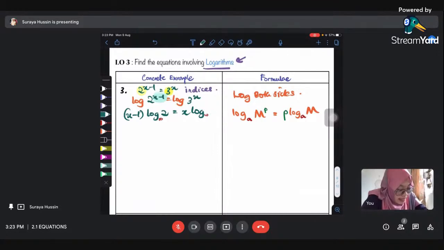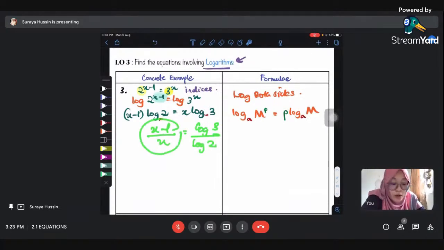Tapi kamu kena hati-hati, jangan nak cepat selesaikan, nak jadikan ni sebagai subject and then you bring it here. It doesn't work, because you do not know how to solve this. You have no idea.